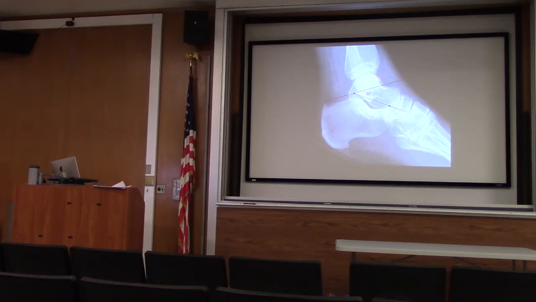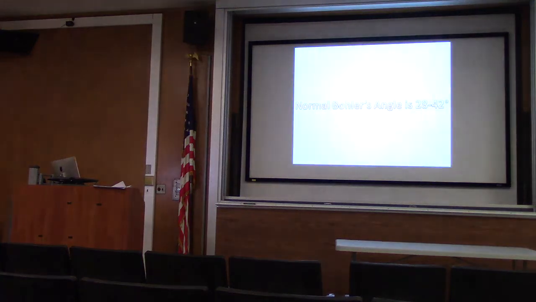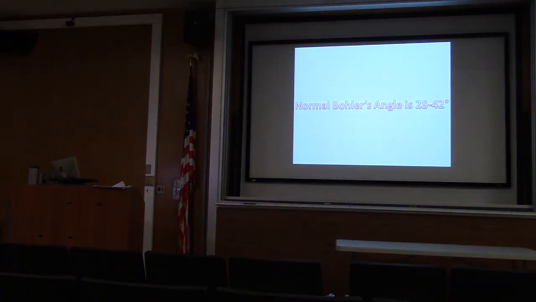And this angle here is usually between 28 and 42 degrees. So I just remember 30. It's just much easier. But if it becomes more acute, so if you go down to 20, you should be highly suspicious.